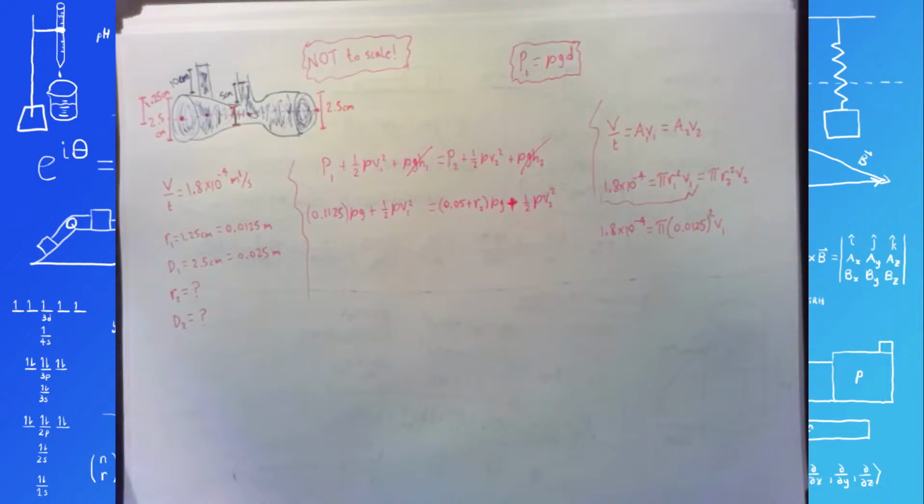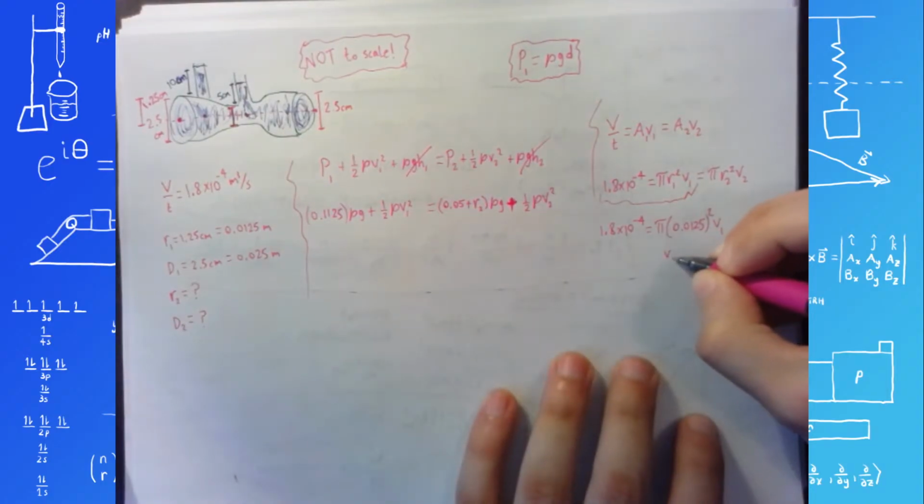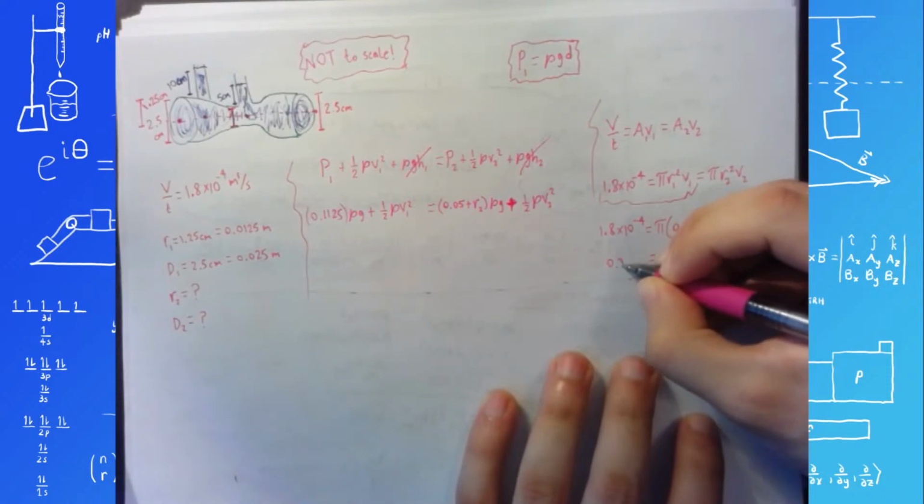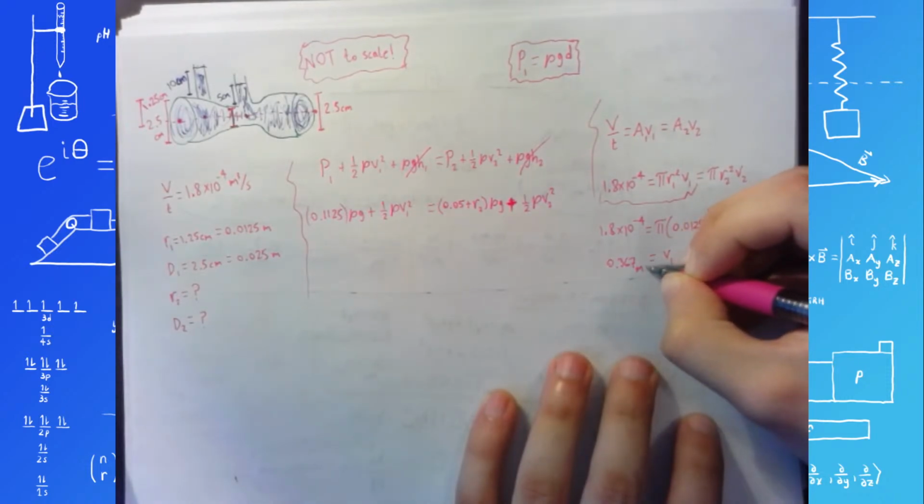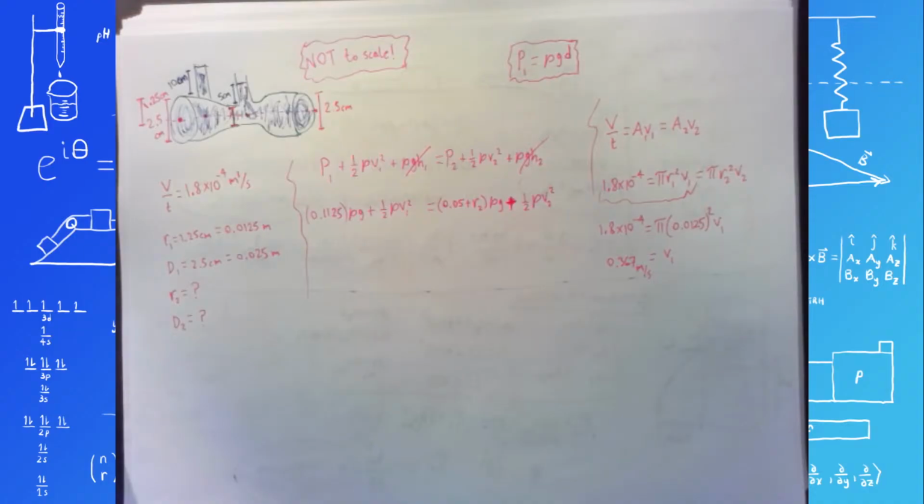If I divide 1.8 times 10 to the negative 4 by, in parentheses, 0.0125 squared and pi, close parentheses, I'm getting 0.366692989. I'll round that to 0.367. So V1 is about 0.367 meters per second. Okay.